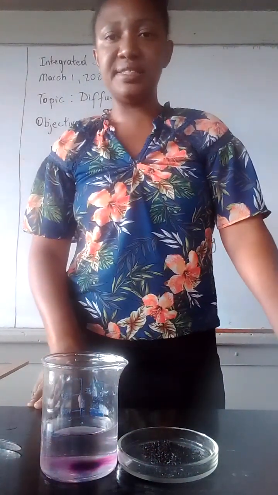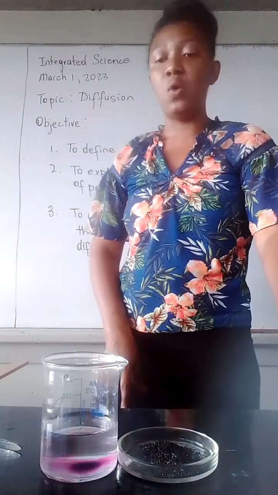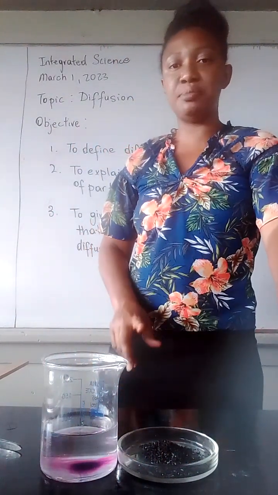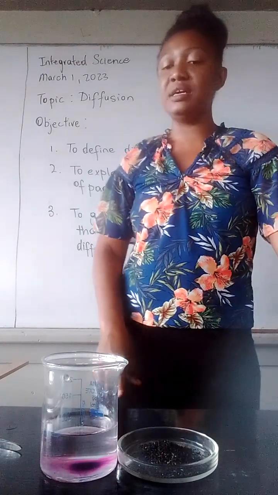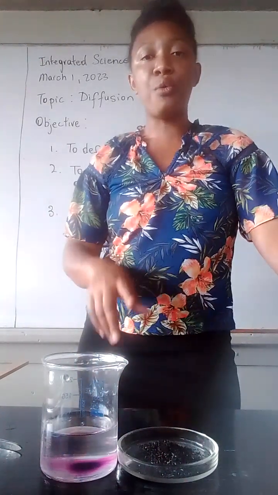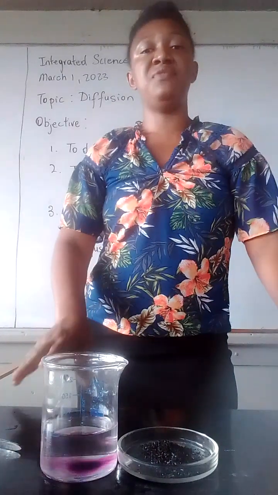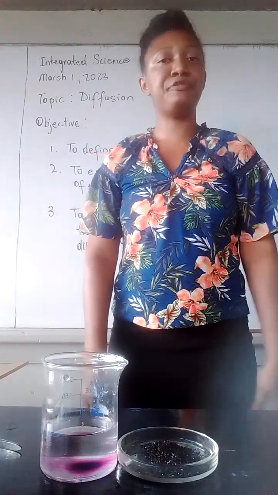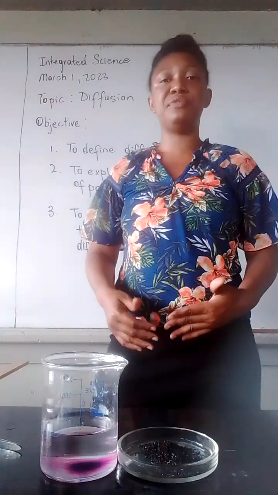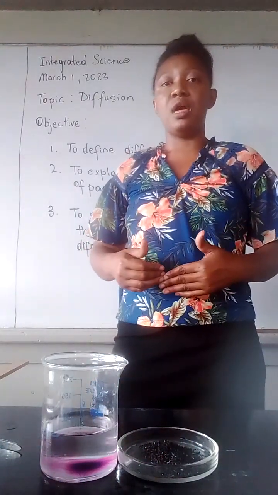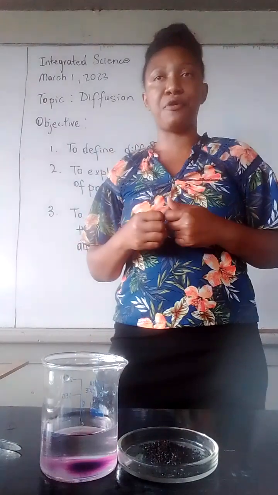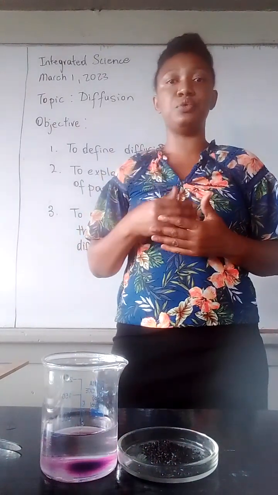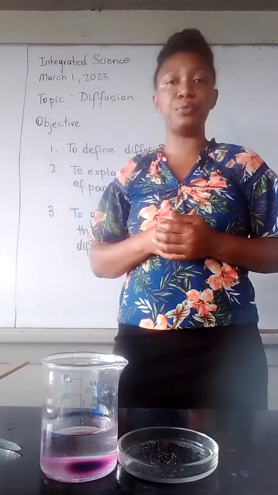We can use this to also understand other processes that take place in our environment and our bodies. In our environment, for example, spraying a perfume. If we stand at the front of this room and spray a perfume, we will soon realize that the person at the back of the room is smelling the perfume.